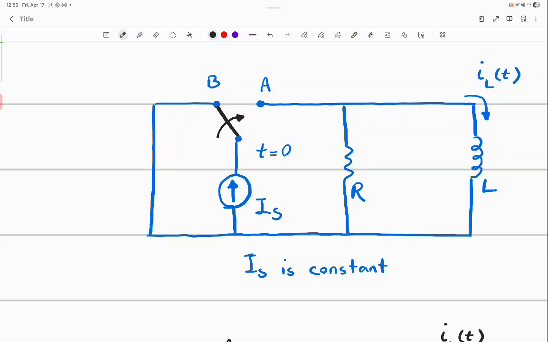Look at this, Chaz. I changed the circuit a little bit. What's going on in the circuit before zero? Nothing. The inductor and resistor are just alone. They have been in that situation for a long time, so there is nothing in the circuit. They are just on the table. What happens at t equals zero positive?